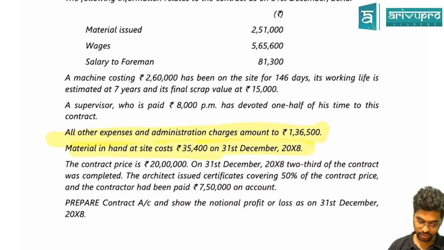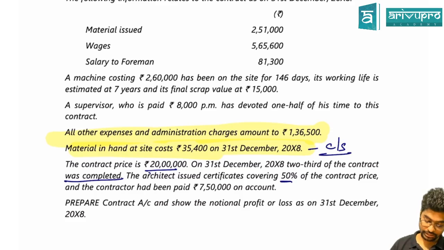This is my value of the closing stock. Contract price is 20 lakh. On 31st December, 2/3 of the contract was completed. The architect issued certificate covering 50% of the contract price and the contractor had been paid 750 in account.